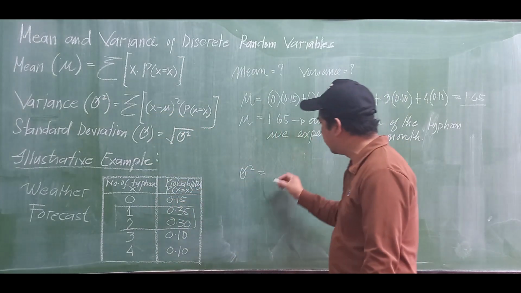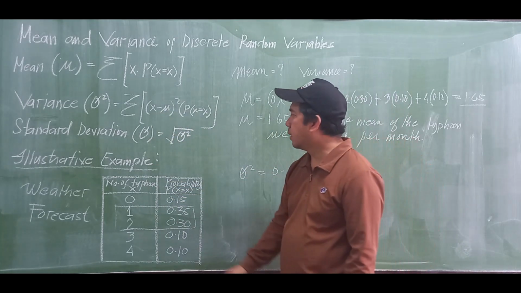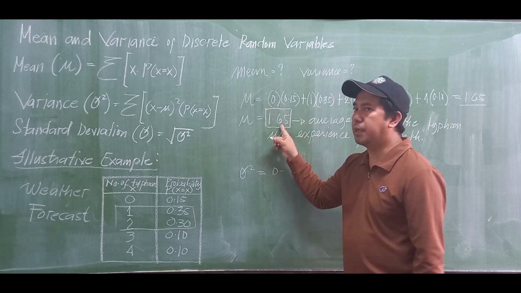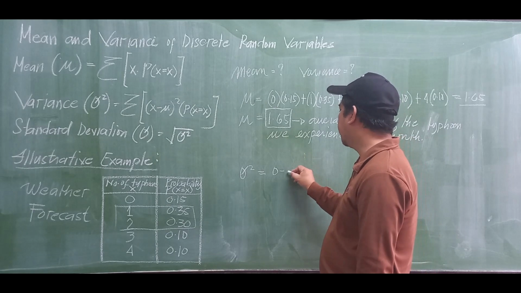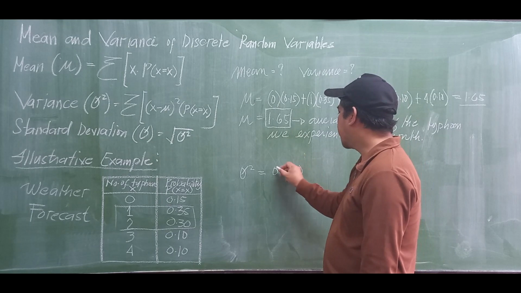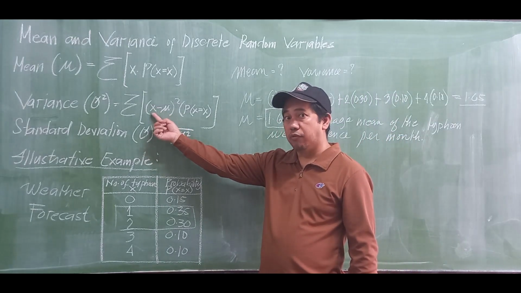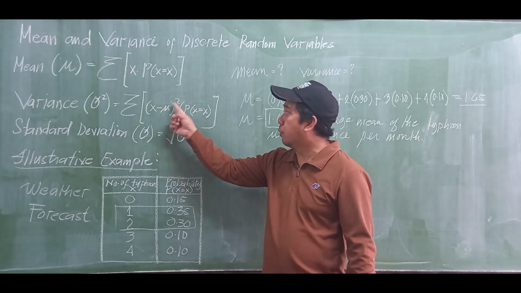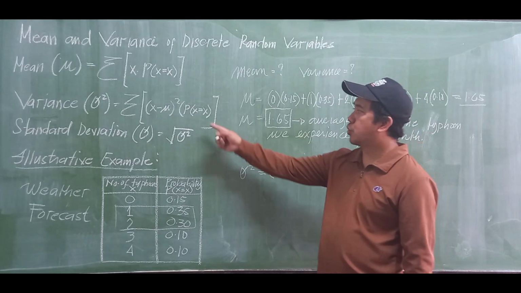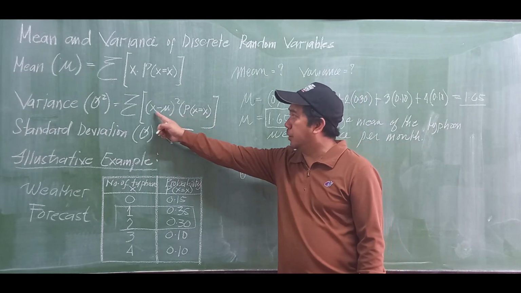That is 0. Okay? 0 minus what? Minus the computed mean, that is 1.65. This working equation is the individual variable, minus the computed mean, raised to the second power, and of course, multiplied by its corresponding probability.